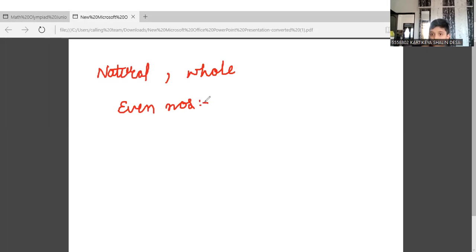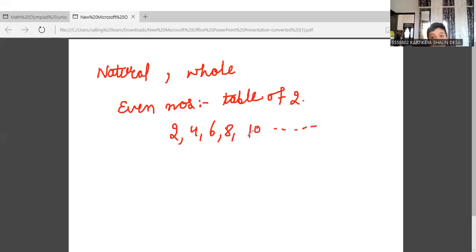You told me that all the numbers which come in the table of 2 are known to be even numbers. So even numbers are 2, 4, 6, 8, 10, and so on up.